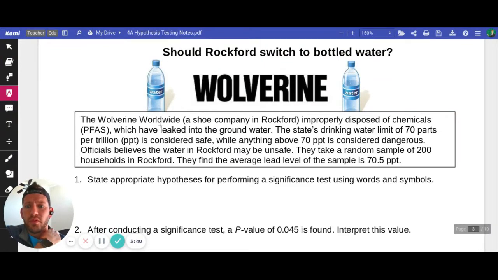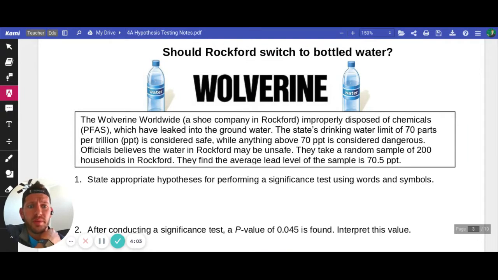So Wolverine Worldwide, a shoe company in Rockford, I believe this is still in Michigan. You can go research this and Google Wolverine Worldwide disposal of chemicals, which have leaked into the groundwater. So you may have heard before about Michigan and groundwater, and that it's not safe to drink. We had some not safe to drink water here a week ago.